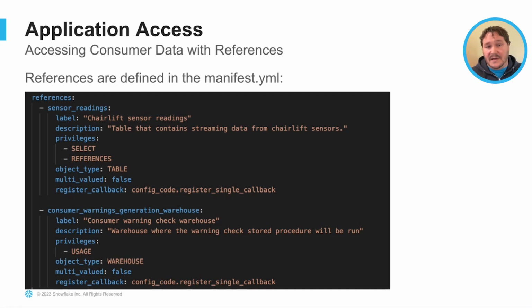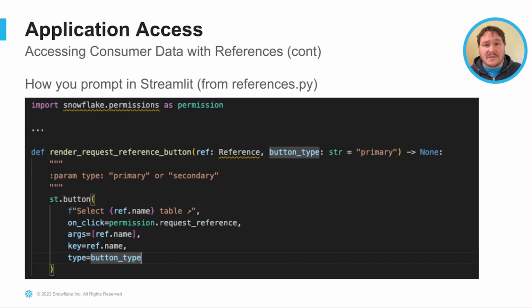Now, after you've declared these references, you need to actually prompt for them, just like with the application level privileges. So again, if you're using Streamlit, you can use the permissions SDK and you can cause Snowsight to pop up a UI in front of the user that will allow them to bind the references for you. In this case, we have a button, and again, you don't need to use a button, but we've chosen to for our particular application.